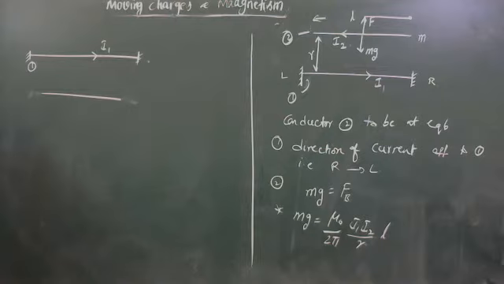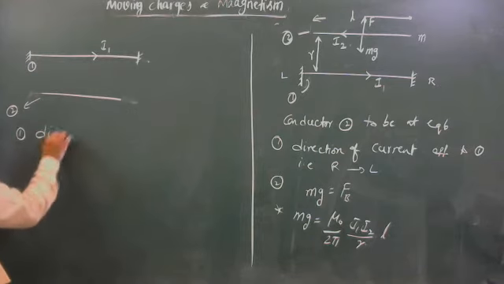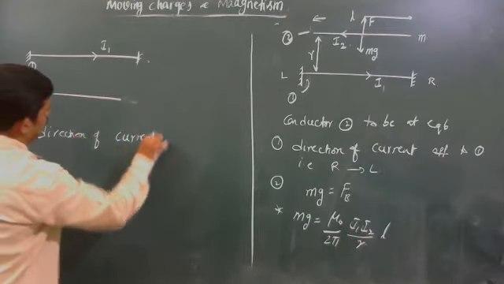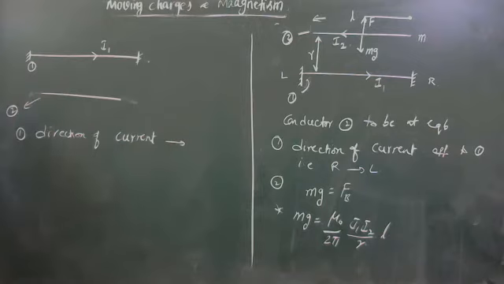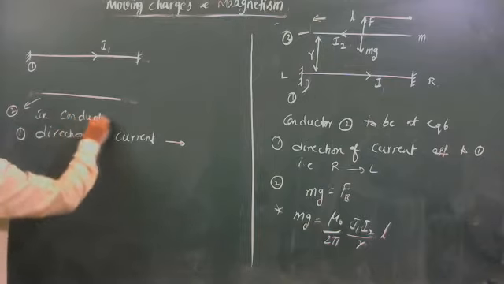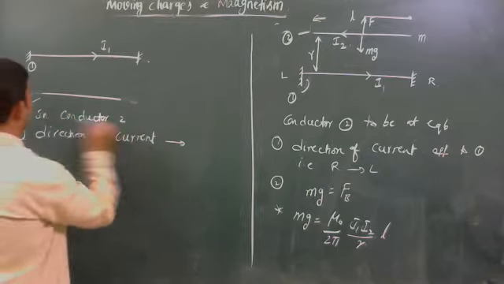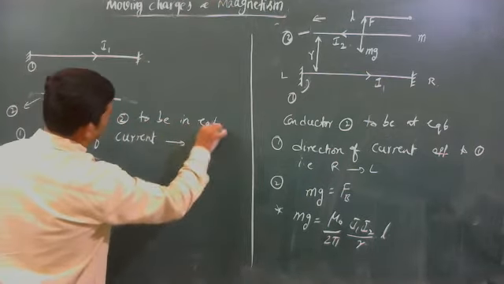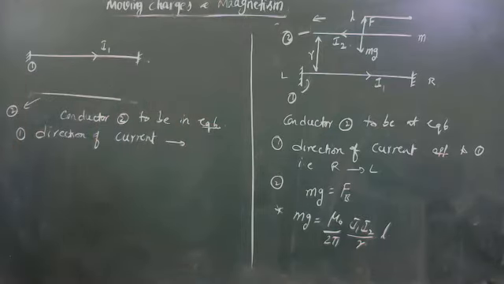Same question: for this conductor 2 to be in equilibrium, not to move up, not to move down, what is the direction of current in the conductor 2?